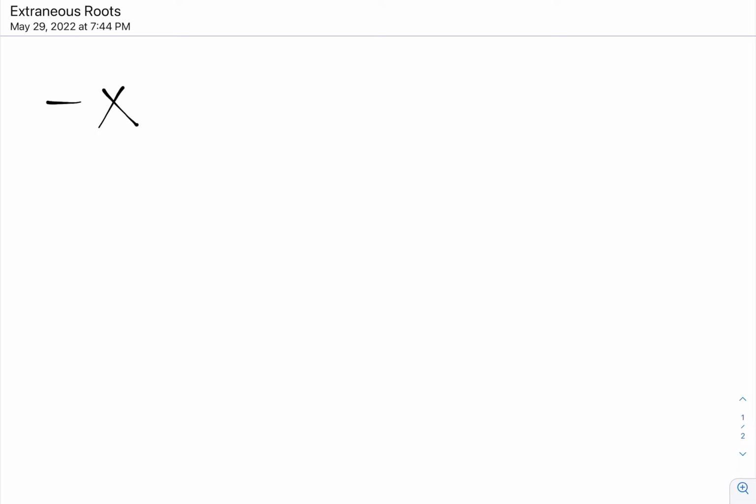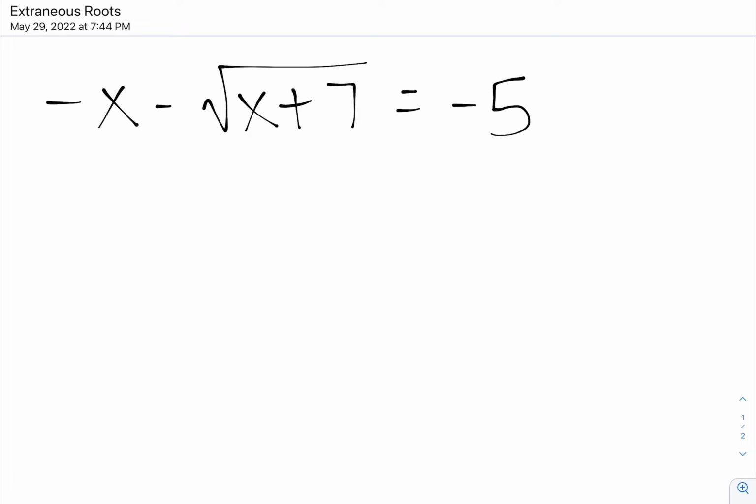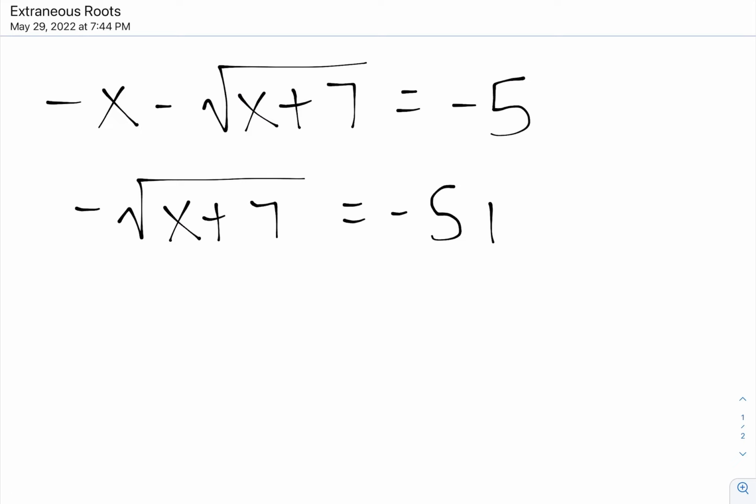Negative x minus the square root of x plus 7, we said that was equal to negative 5. What we did was we solved this algebraically. We moved the x over, because remember, we always want to get the radical on its own when there's only one. So we got negative square root of x plus 7 was equal to negative 5, and then we added the x. So negative 5 plus x.